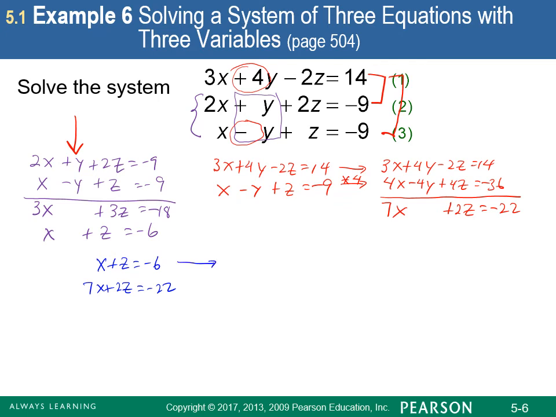And I'm looking at this and thinking, if I want to eliminate the z's, I need to multiply this one by negative 2.